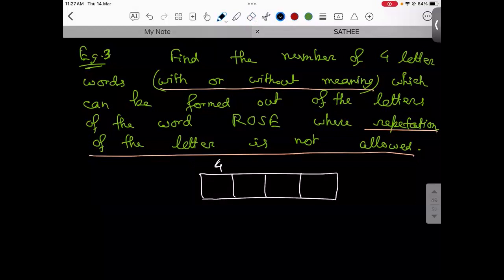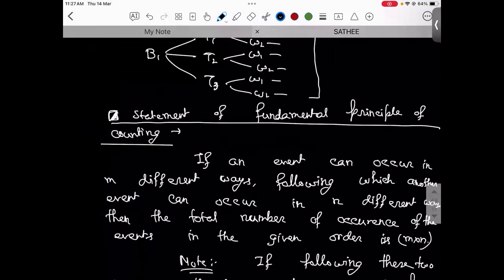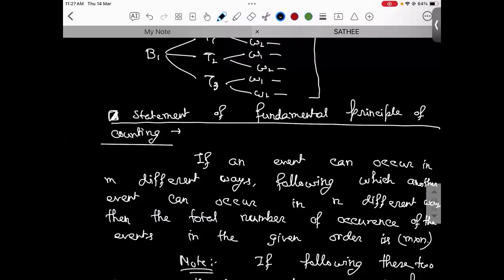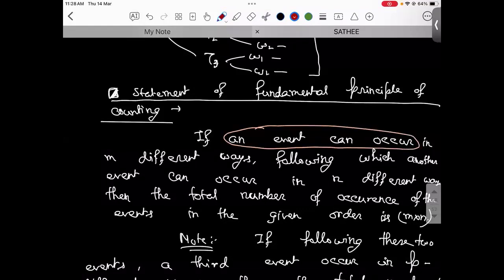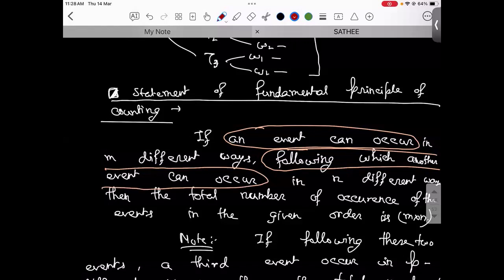Now, depending upon the choice of the first place, I have to choose the second place. That is the counting principle. That is what the fundamental principle of counting says: an event can occur, following which another event can occur. So the happening of the first event will influence the second event.